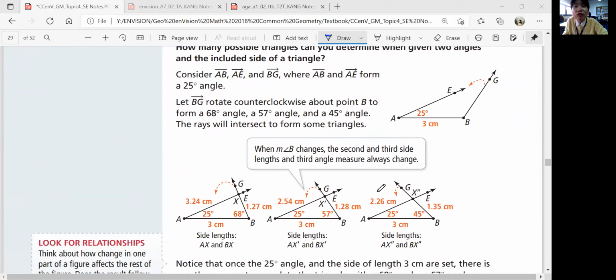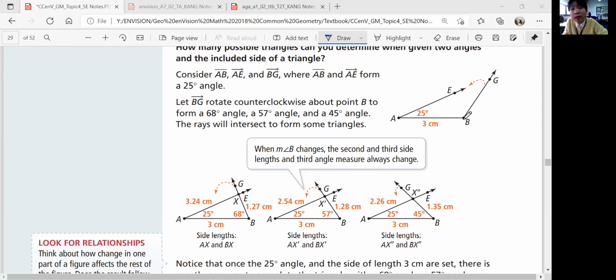So let's try to draw different triangles. If you have a specific side length and specific measurements of the two angles at the end of the side, then there is no way other than one to make different triangles that have the same information. Because, look at this diagram.